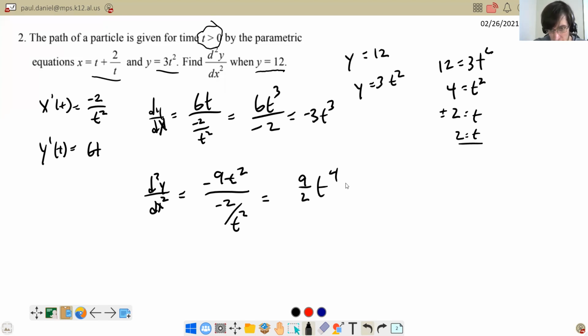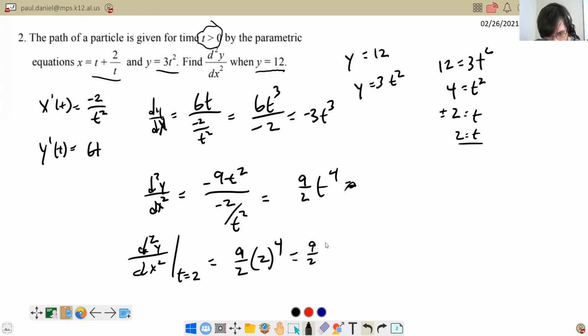I put 2 in for t, and so I can say d2y over dx squared evaluated when time is equal to 2 is equal to 9/2 times 2 to the 4th power, or 9/2 times 16, or 72.